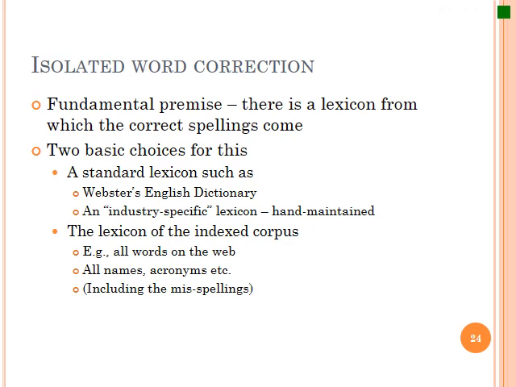Okay, so if I do this, that means that I will treat everything in my corpus to be correct, including those mistyped words. Okay, and the advantage of this is that I can also include special terms such as acronyms, such as names of persons, and so on, which are ordinarily not included in a dictionary. Okay, so I can do this.